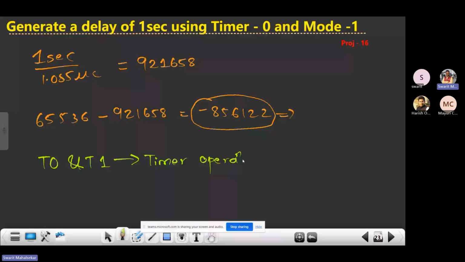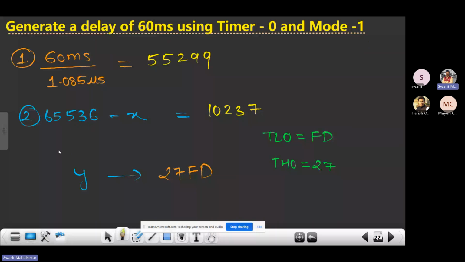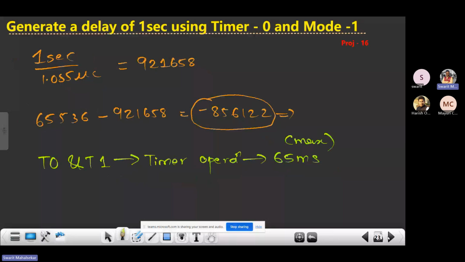This is the maximum delay it can create, because the maximum value available is 65,536. So we can create a delay of around 65 milliseconds, but we cannot create a delay of 67, 68, 70, 80 milliseconds, or maybe 1 second, 1 minute. That is the drawback that we are getting with this.